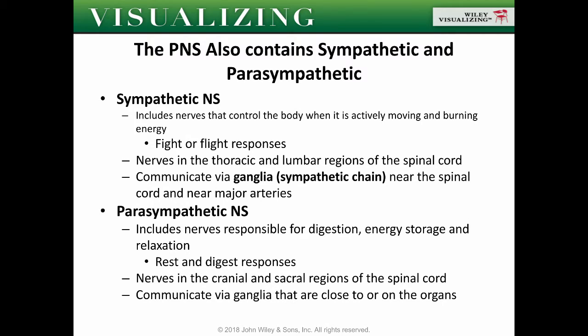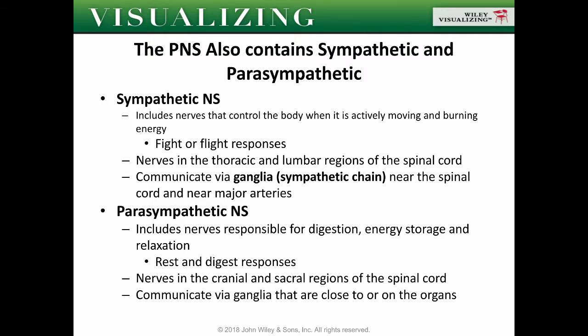The nerves in the thoracic and lumbar regions of the spinal cord communicate via the ganglia or the sympathetic chains near the spinal cord and near major arteries, because they are the fight or flight responses. They must have somewhat like an emergency hotline to the major arteries, because the arteries are the most important ones that require immediate control.